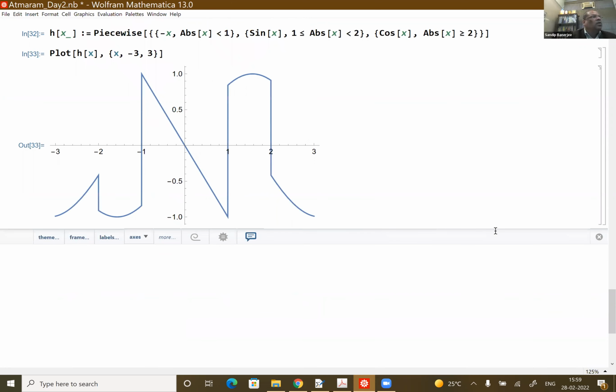If you want a different color, I think this is better.